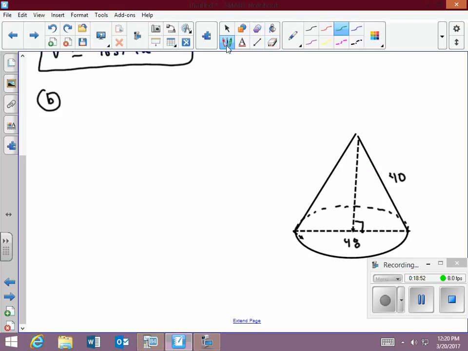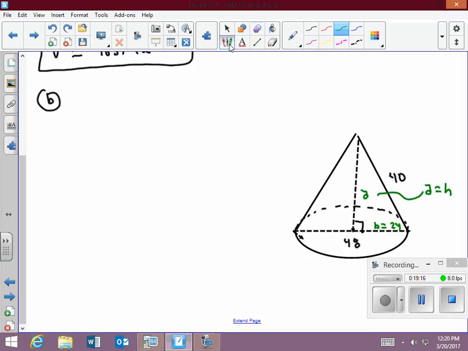I'm just going to call it A. This distance here, B, is going to be half of that 48, which is 24. So we need to know A for height, because that A is going to equal the height of our cone.